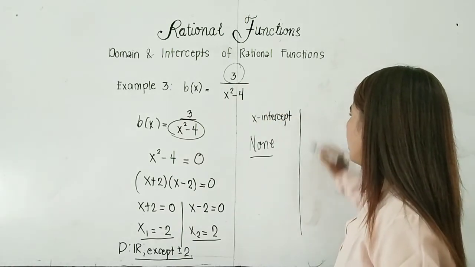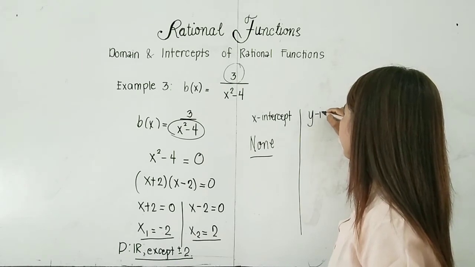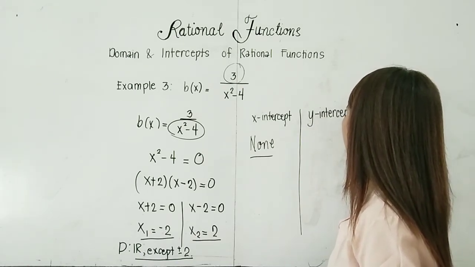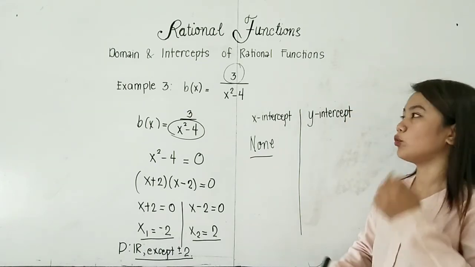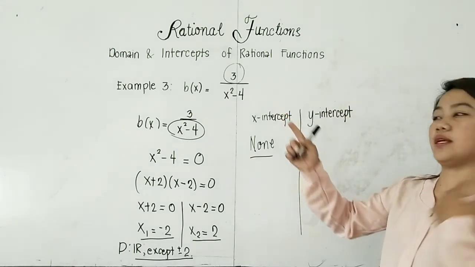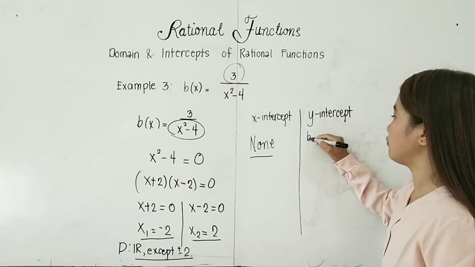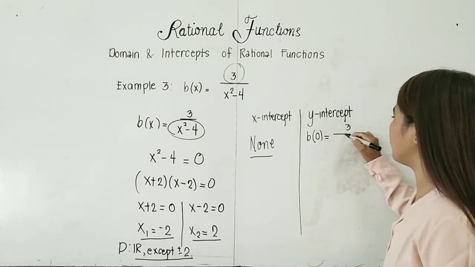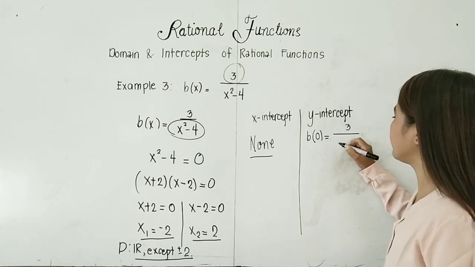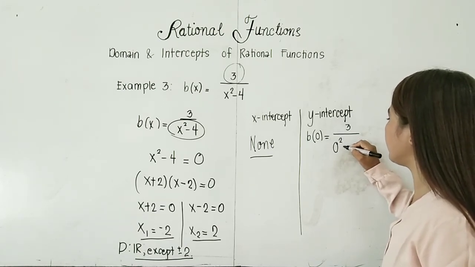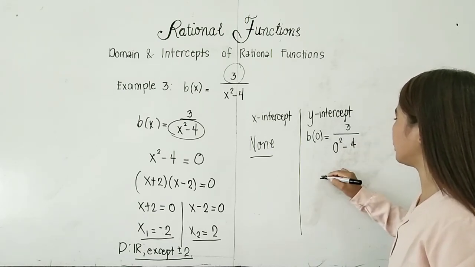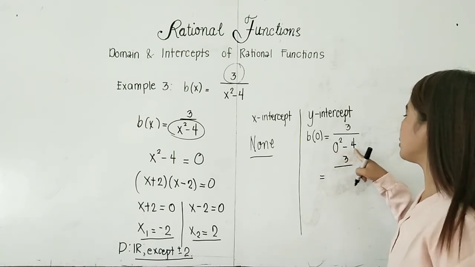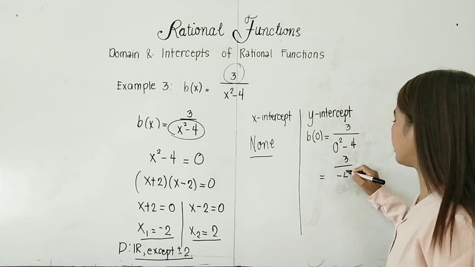We'll proceed to the y-intercept. For the y-intercept, we will substitute 0 for x. So we will solve for b of 0. So 3 all over 0 squared minus 4. 0 squared is 0, minus 4 is negative 4.